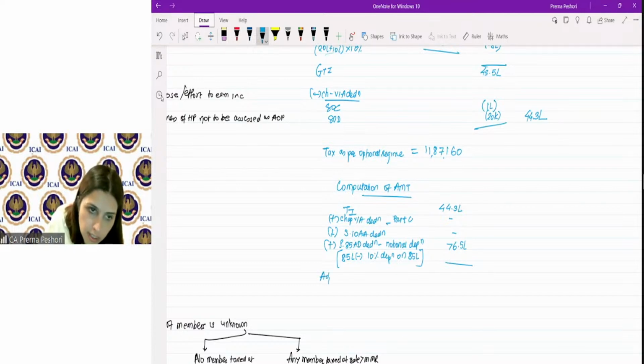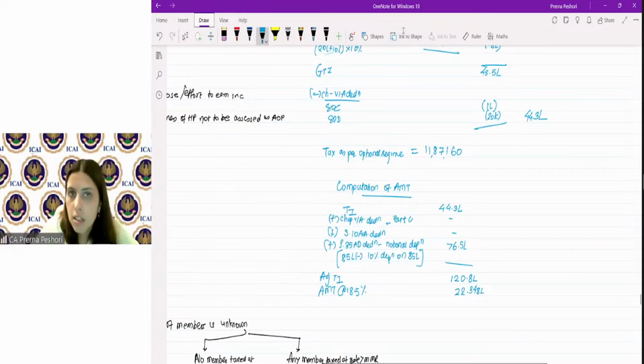So my adjusted total income will be 120.8 lakh. Since this is more than 20 lakh, AMT is applicable. So AMT at the rate of 18.5%, which is 22.348 lakh.